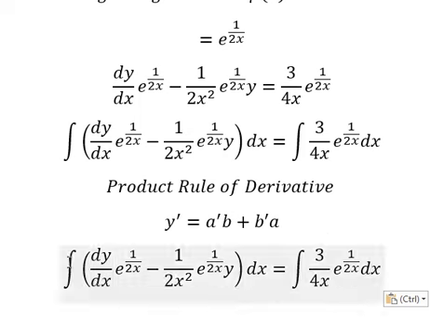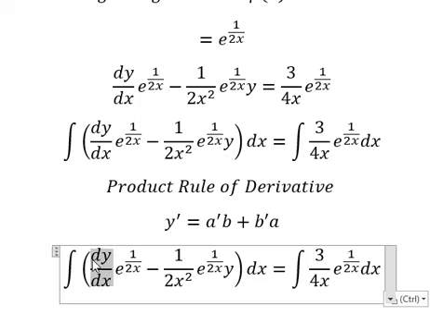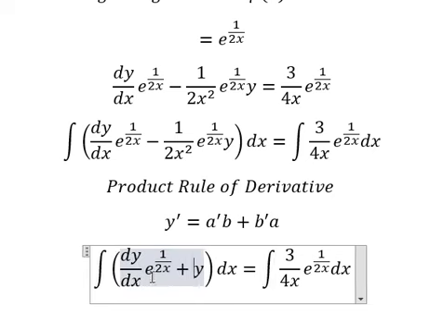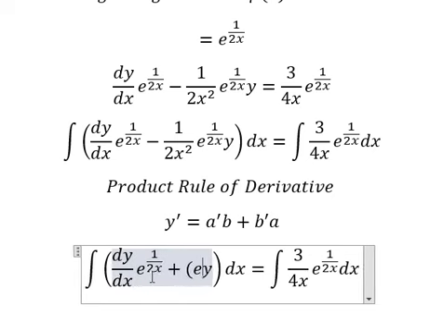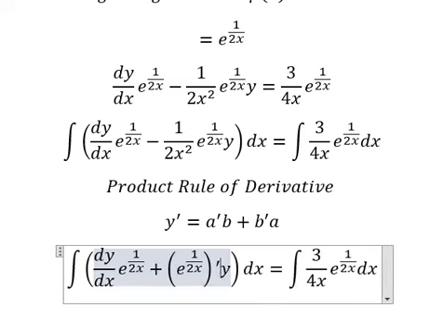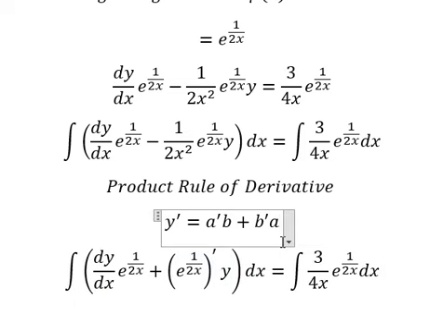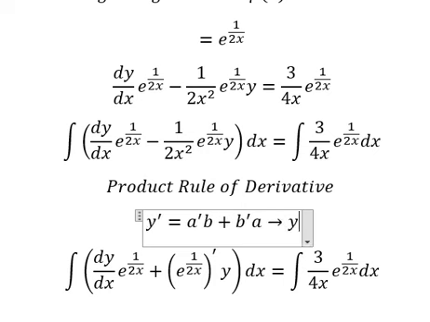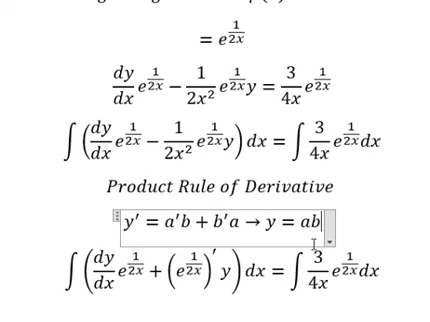So in this one, we have first derivative of a multiplied by b. This one, that is about first derivative of b multiplied by a. So the integration of this one, we have y equals to ab.